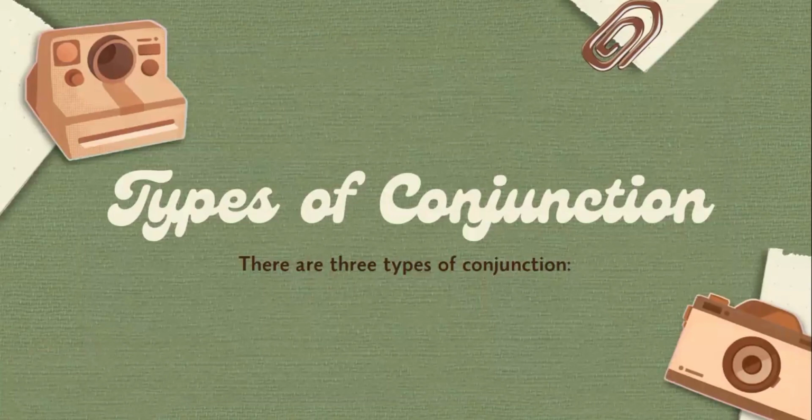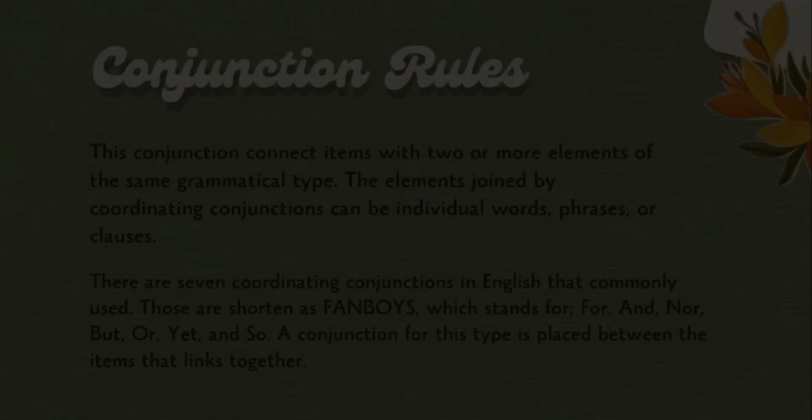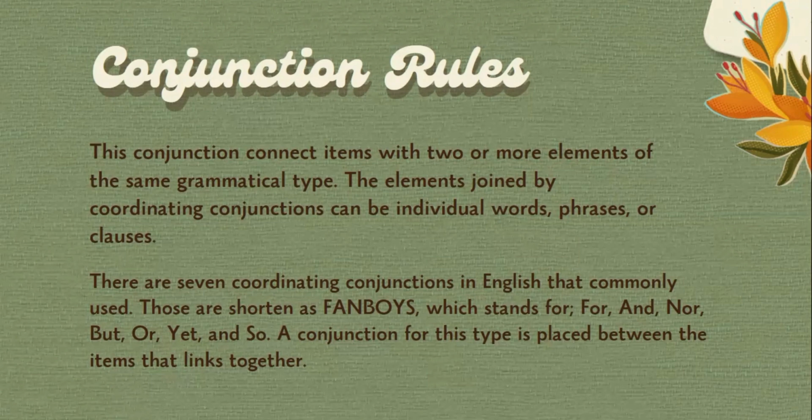Next is the types of conjunction. There are three types of conjunction. So the first one is a coordinating conjunction. This conjunction connects items with two or more elements of the same grammatical type. The elements joined by coordinating conjunctions can be individual words, phrases, or clauses.